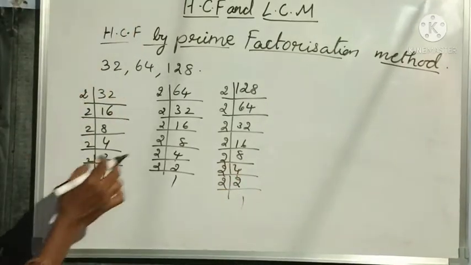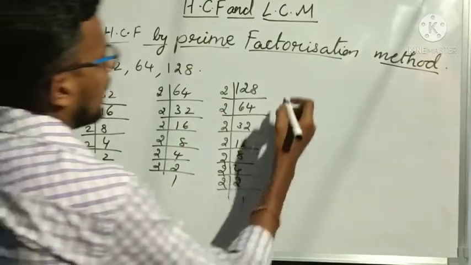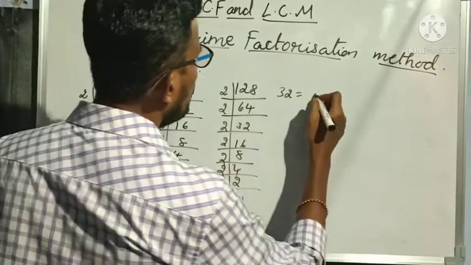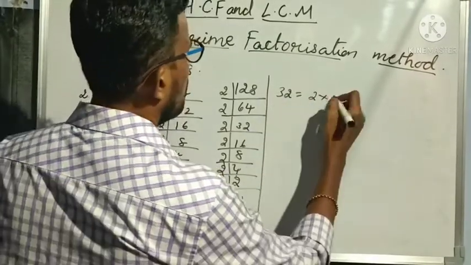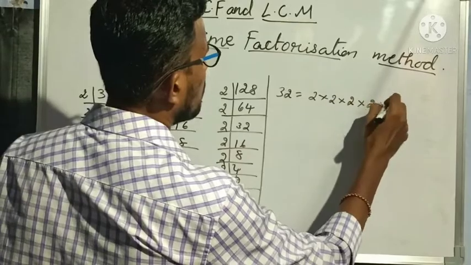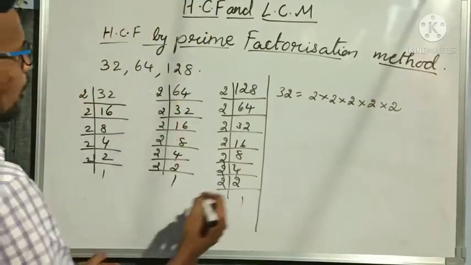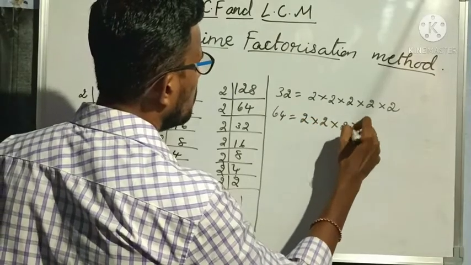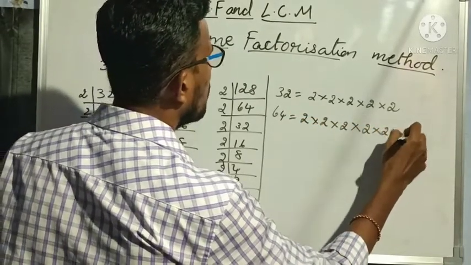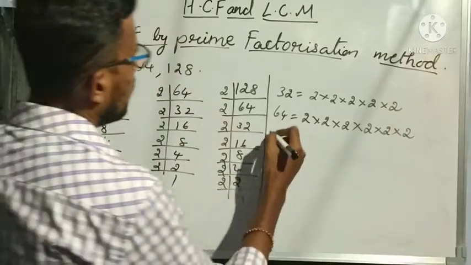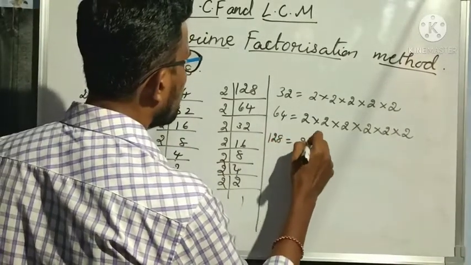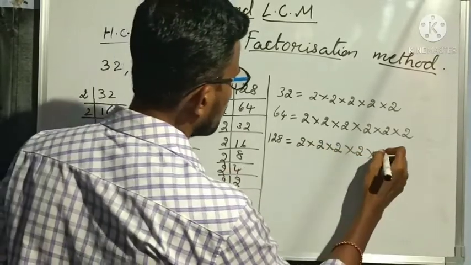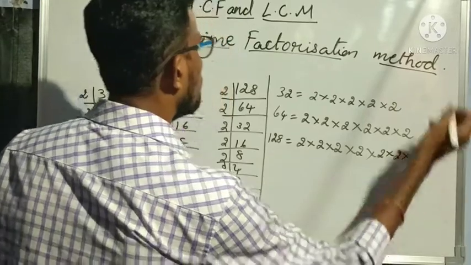Now first let us write all these in expanded form. 32 is equal to 2 into 2 into 2 into 2 into 2; how many times is 2 repeated here? 5 times. Next 64 is 2 into 2 into 2 into 2 into 2 into 2, which is 6 times. Next 128 is 2 into 2 into 2 and so on, 7 times. So 7 times we have to write 2.